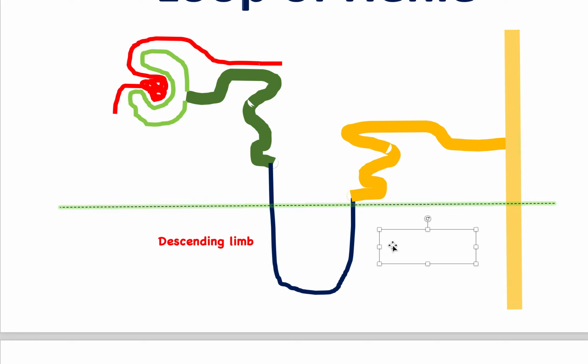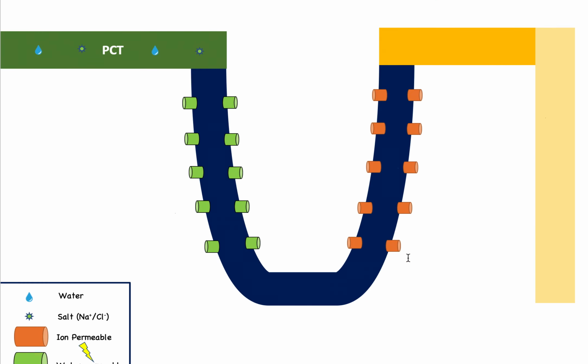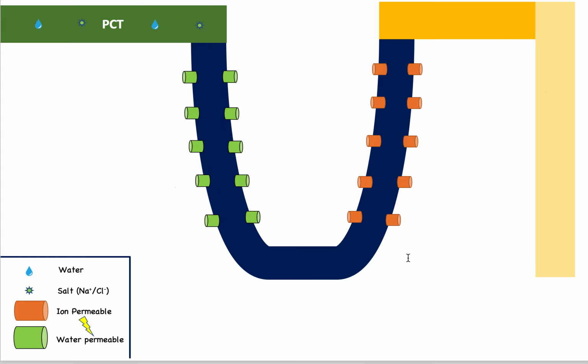And then the other one, guess what? It's called the ascending limb because it's going upwards, okay? So know that those two have slightly different names. Now comes the important part. The descending limb has these little pathways that ions cannot exit, but only water can exit, okay?